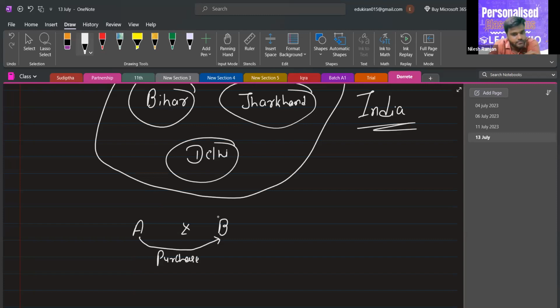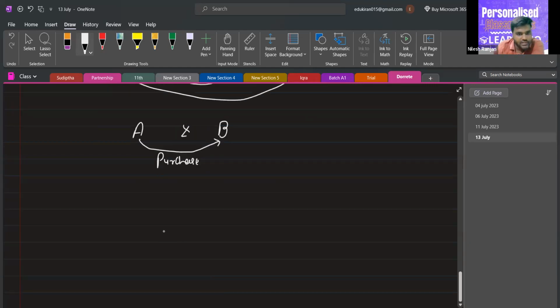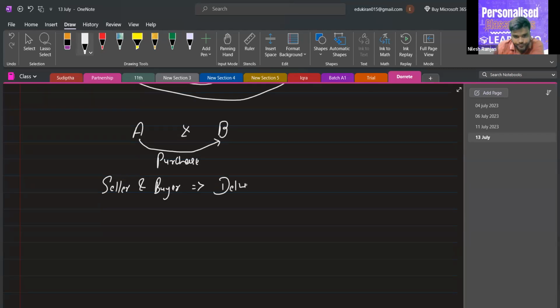In this case, if a transaction is done, the seller and buyer are both in Delhi. So it is a single state transaction. It is called an intra-state transaction.